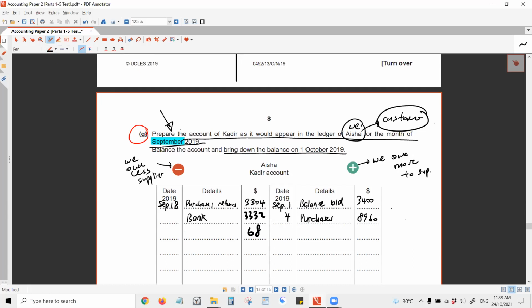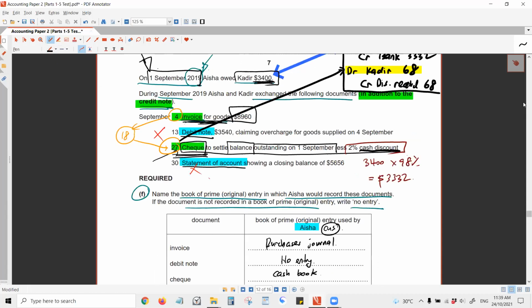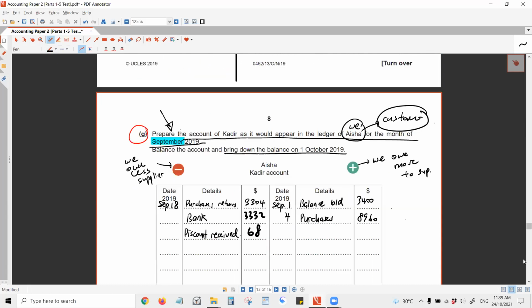Details, name of the other account. Like this. Don't forget about writing the date, 27. Yeah, have to be careful.